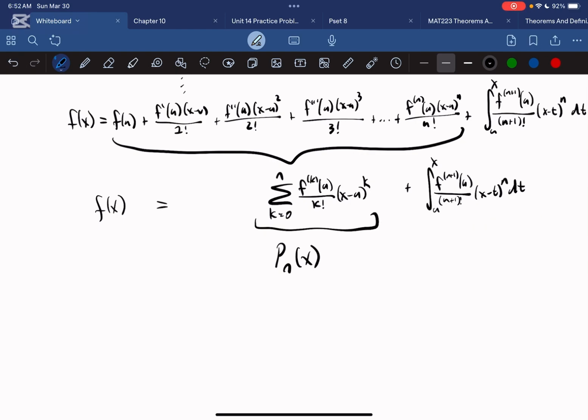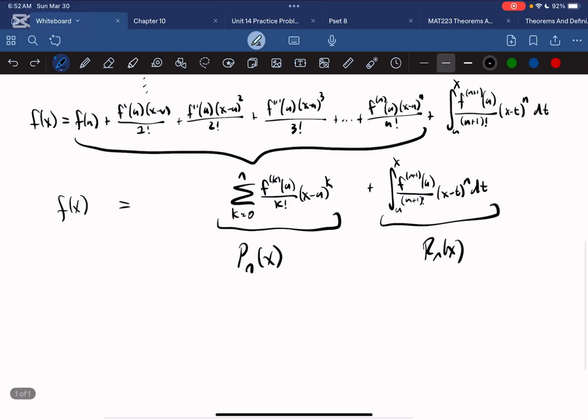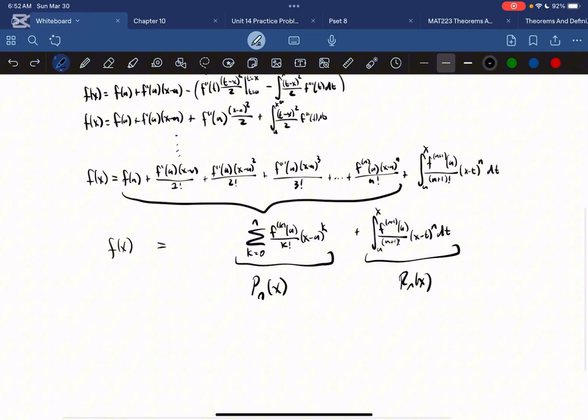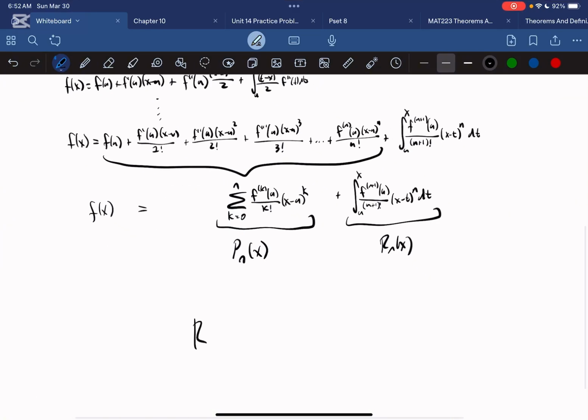Right? Which is pretty cool, because we just showed that f at x was equal to these two terms together. This is equal to the nth polynomial. And the term we're left over with, we can set to the remainder, because that's what the remainder is left over with. So then we have Rn of x is equal to this remainder.